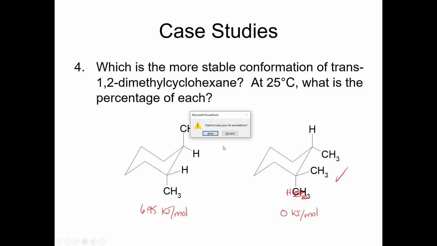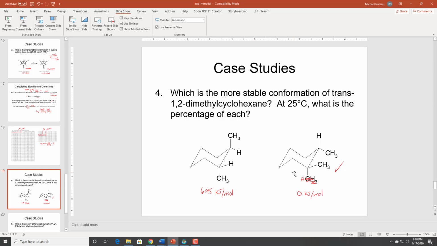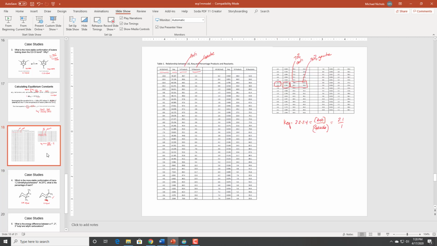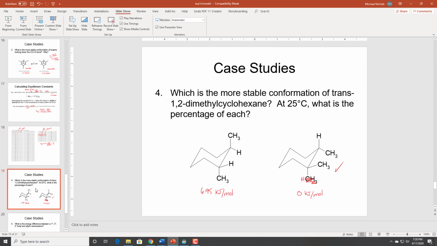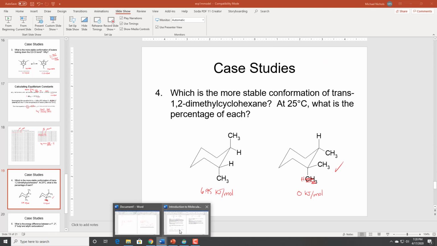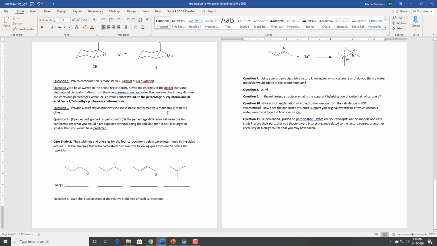So now that we have those energies, can you calculate the percentage of diequatorial and the percentage of diaxial using this chart? And also in the report format, you're going to answer these questions online, but you have a printed out copy here.